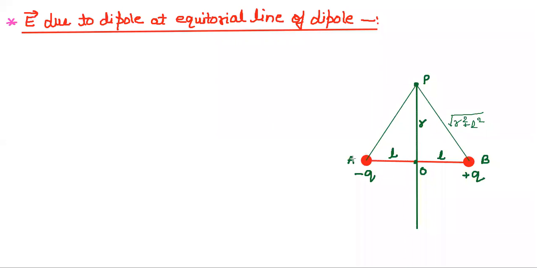Now the electric field due to the minus q charge will be inward along this direction, and the electric field due to the positive charge plus q will be outward along this direction. This will be the EB vector, and this will be the EA vector.